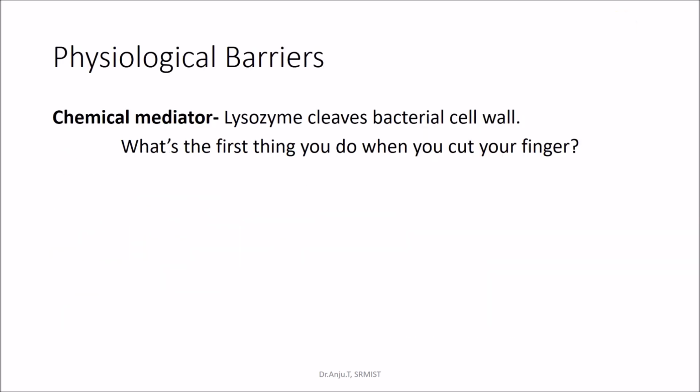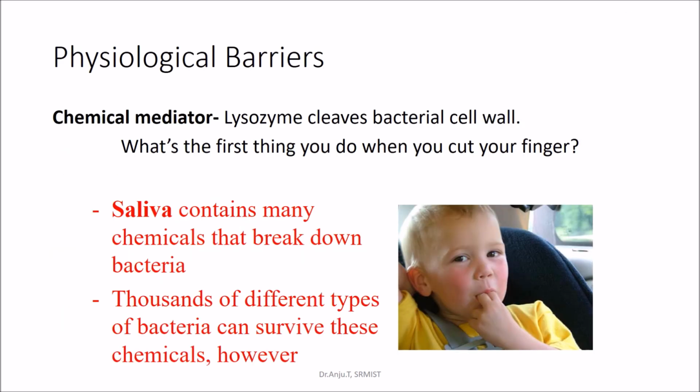Various physiological barriers that contribute to the innate immune responses are pH, temperature, and chemical mediators. The various soluble factors also contribute to the innate immune response. One is lysozyme, which cleaves the bacterial cell wall and is present in mucous secretions such as saliva and tears.